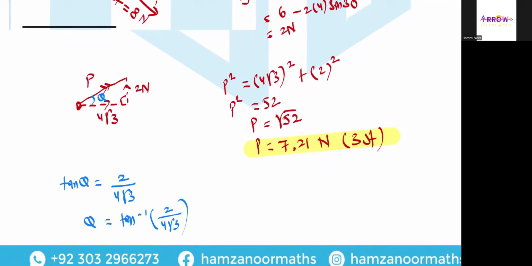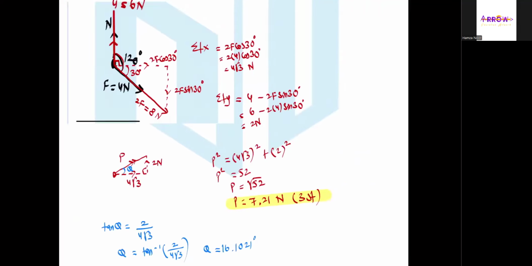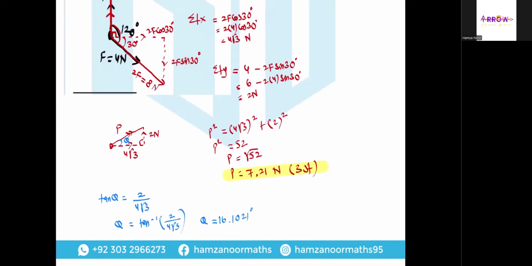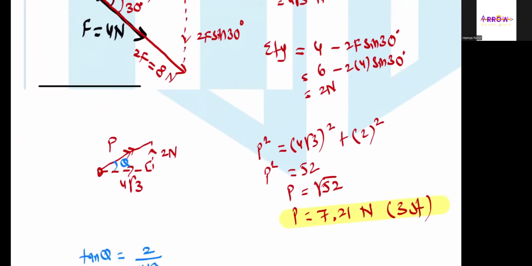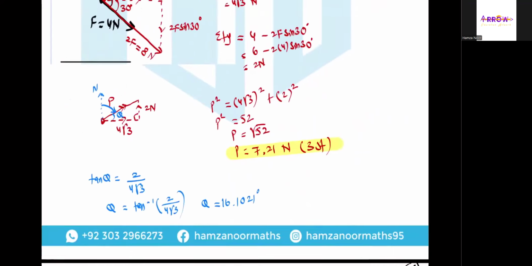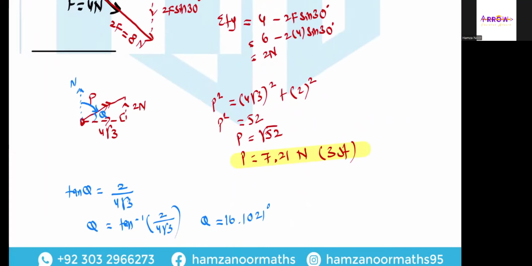This is 16.1021 degrees; I'm writing this value to a higher degree of accuracy. Now, the required angle needs to be a bearing, the bearing of this force P. So I'm going to mark north at the starting point and find this angle in the clockwise direction.